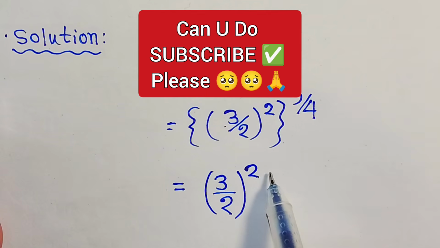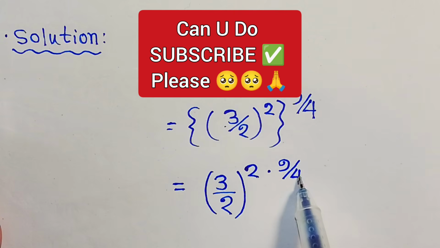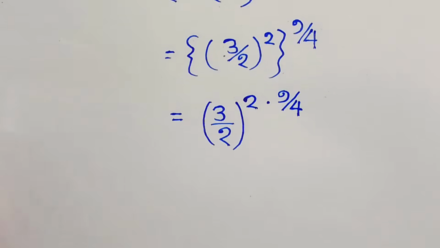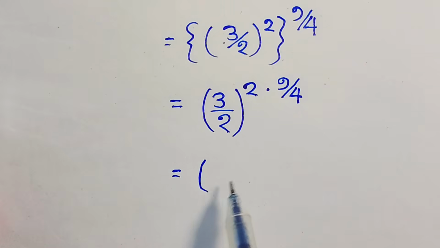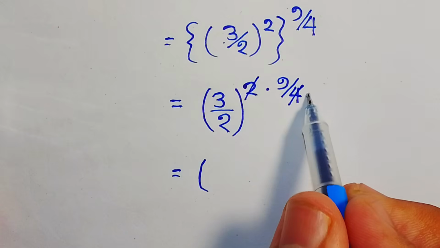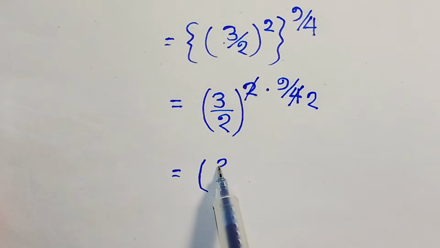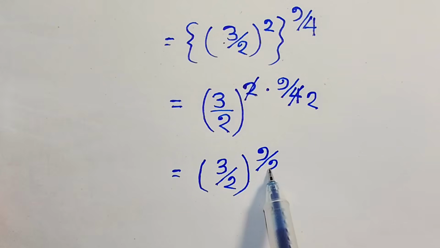Alright, after that we can write 2 times 9 divided by 4. This is just using the exponential equation formula rules. After that, this 2 and this 4 will cancel out, and we get (3 divided by 2) raised to the power 9 divided by 2.